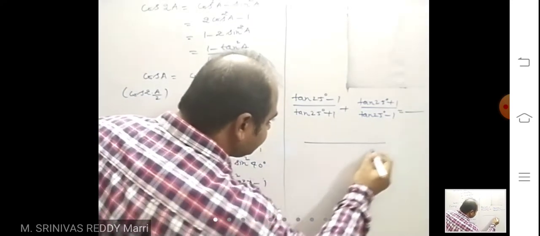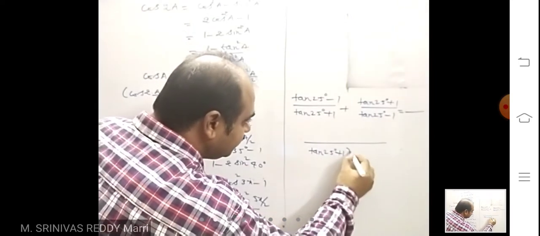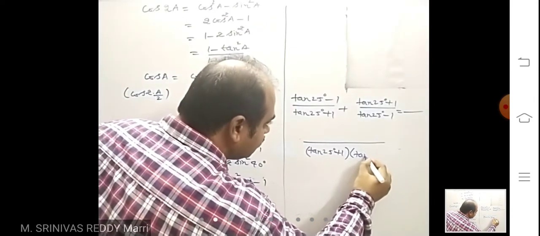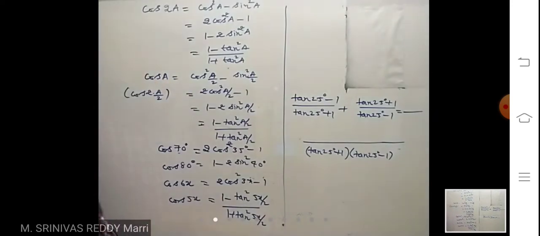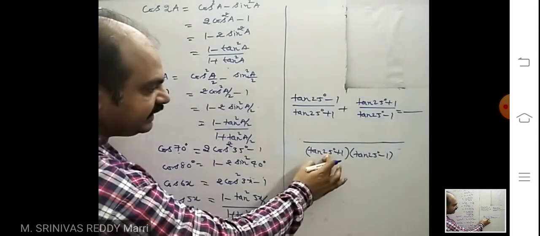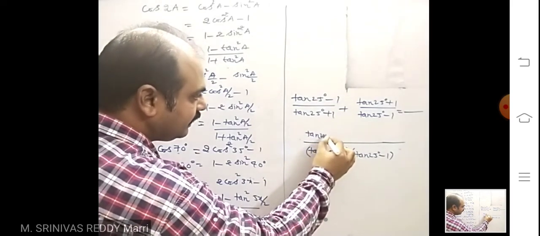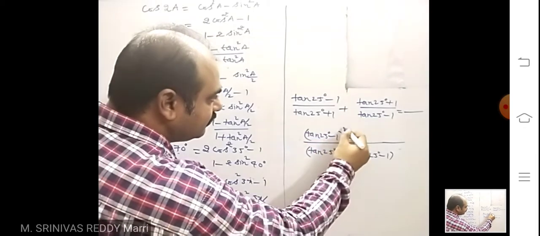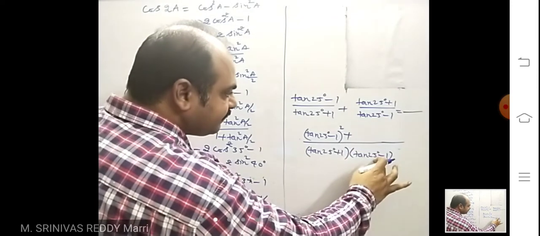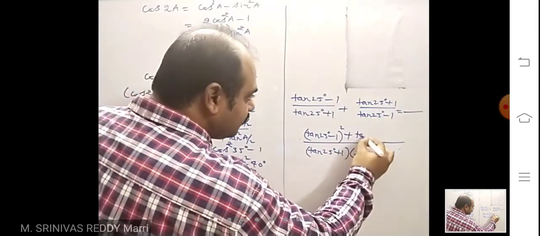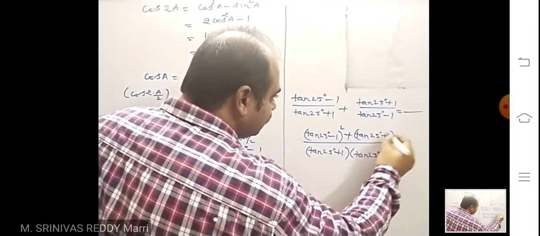Now take the LCM: tan 25 degree plus 1 into tan 25 degree minus 1. Here tan 25 degree plus 1 is there, so we multiply by tan 25 degree minus 1 whole square, plus tan 25 degree plus 1 whole square.